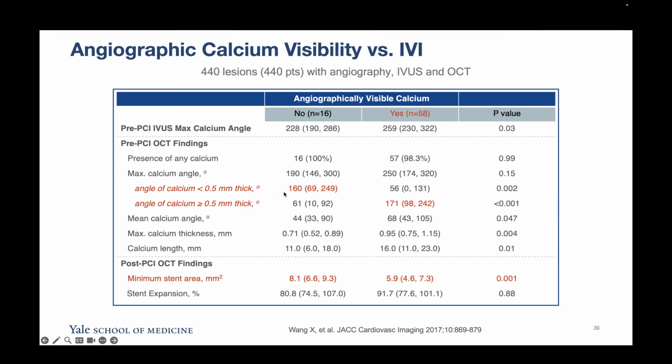So look at the calcium thickness. When it's below 0.5 millimeters by OCT, usually you don't see that calcium. When the thickness is greater than 0.5, now we can see that calcium. And the thickness is also related to the final expansion that you can get. So the lower the thickness, the lower the visibility by angio, the greater the expansion you'll find.